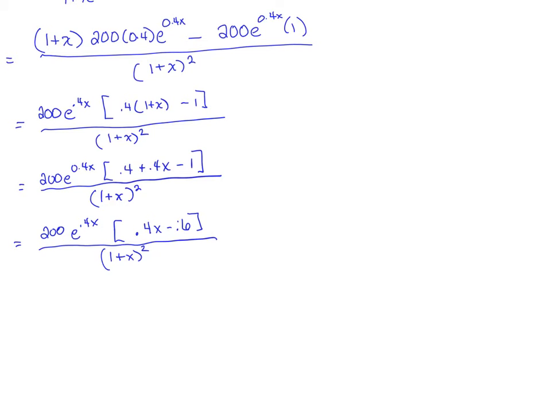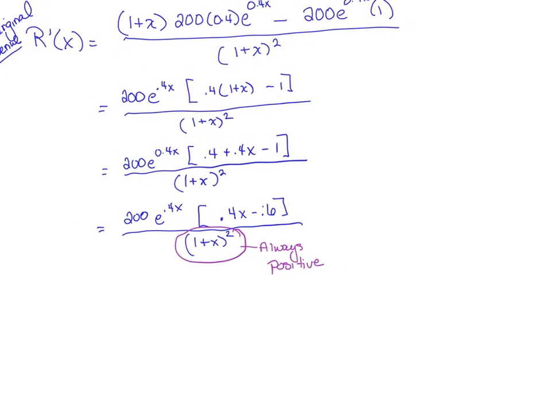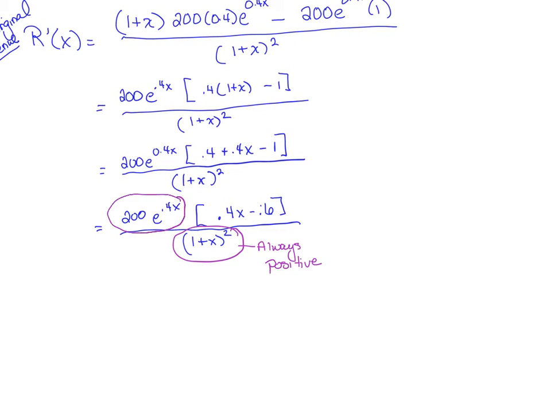Okay. So when I look at this, I know that this is always positive. And I know that this 200 e to the 0.4x is always positive. So I have a positive times some number divided by a positive number.